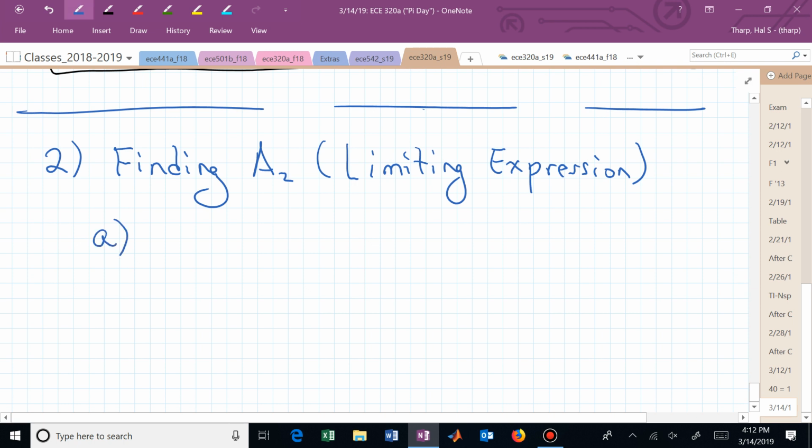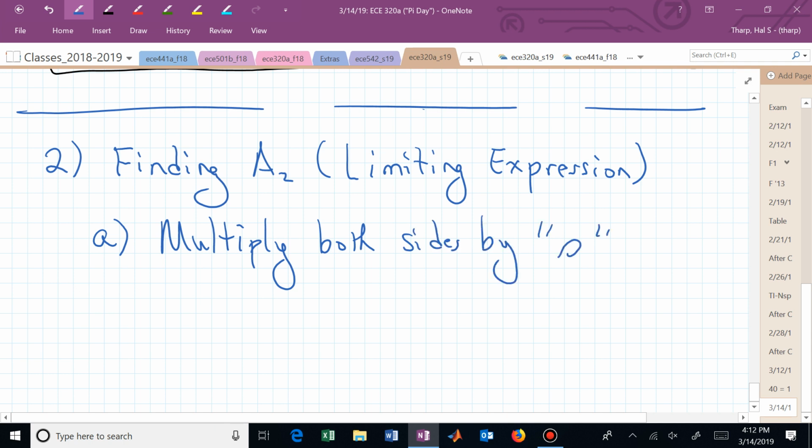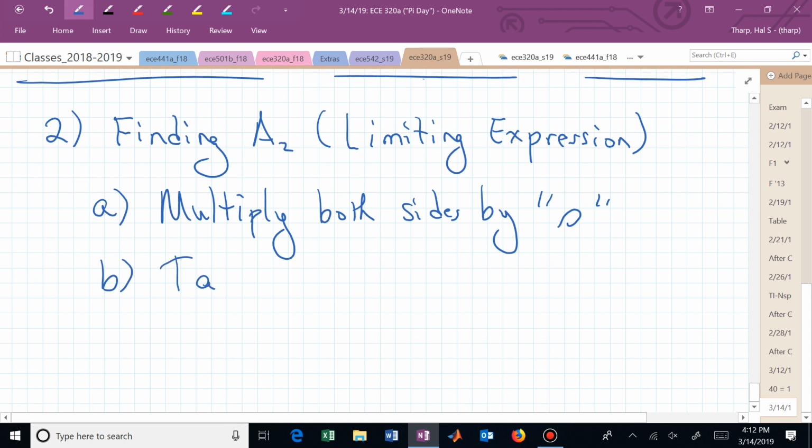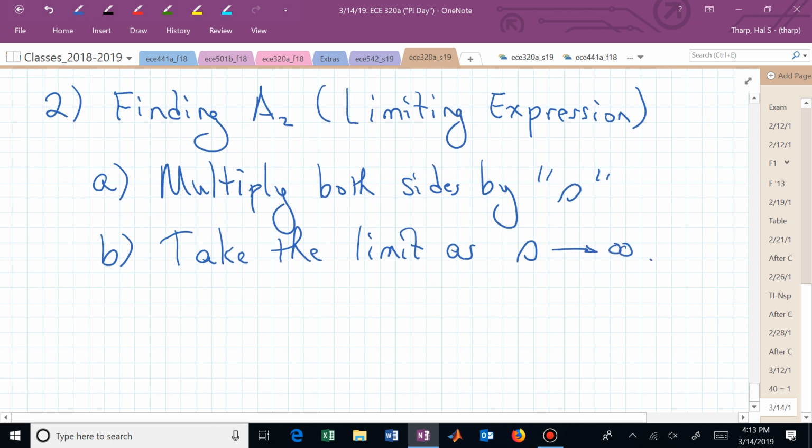The strategy is to first multiply all my terms, or multiply both sides, by s. Then I want to take the limit of the left side and the right side as s goes off to infinity.